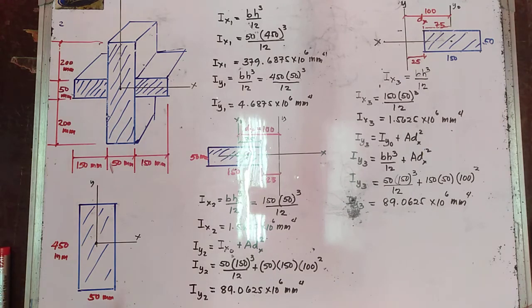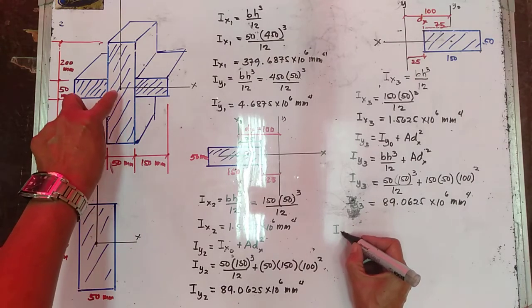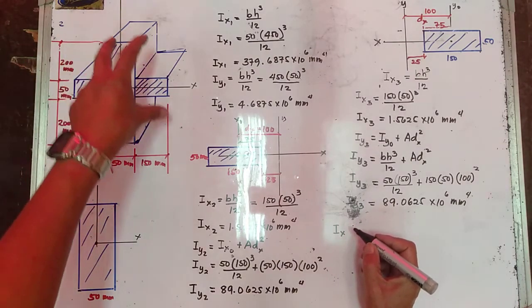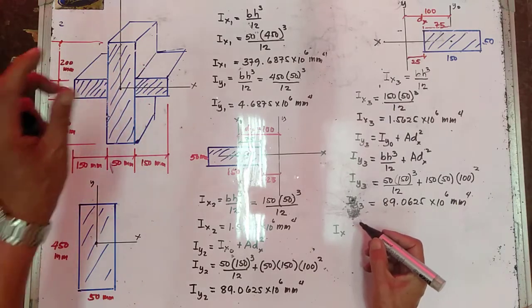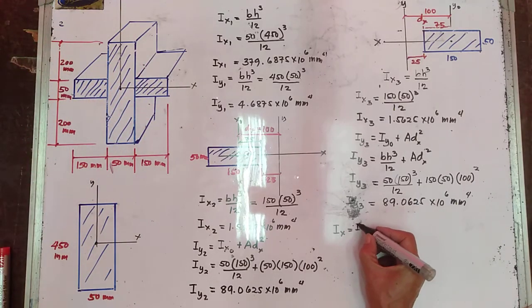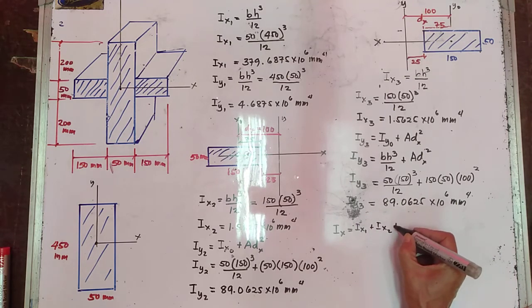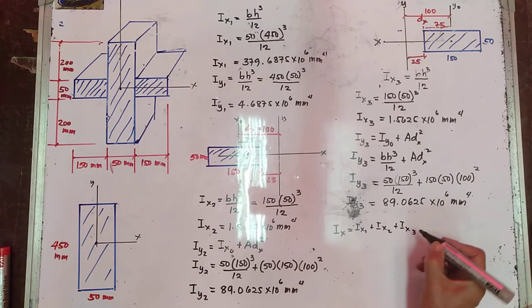So let us now determine the moment of inertia about the centroid of the whole figure. That is equal to Ix1 plus Ix2 plus Ix3.